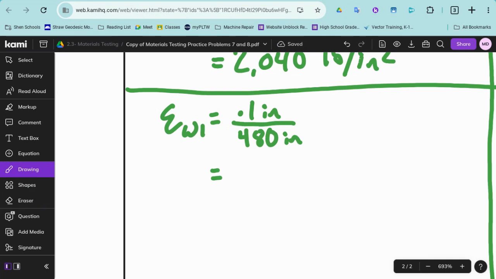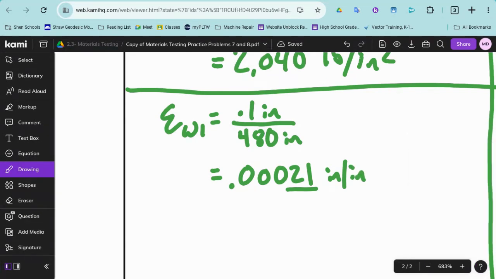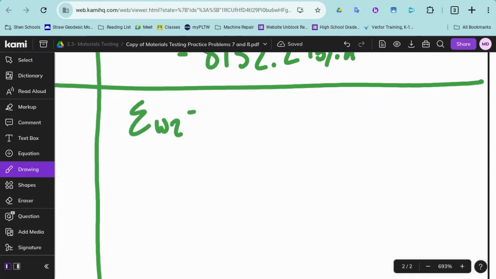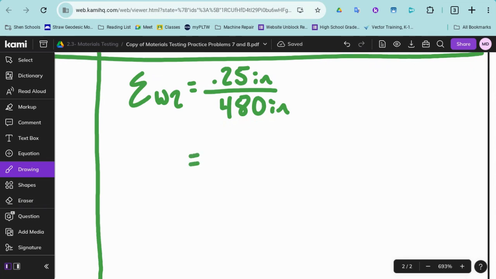When we crunch those numbers, 0.00021 inches per inch. And our strain for wire 2, same formula, elongation over original length. This time we have 0.25 inches of elongation over 480 inches of original length. And our strain comes out to 0.0005208 inches per inch.